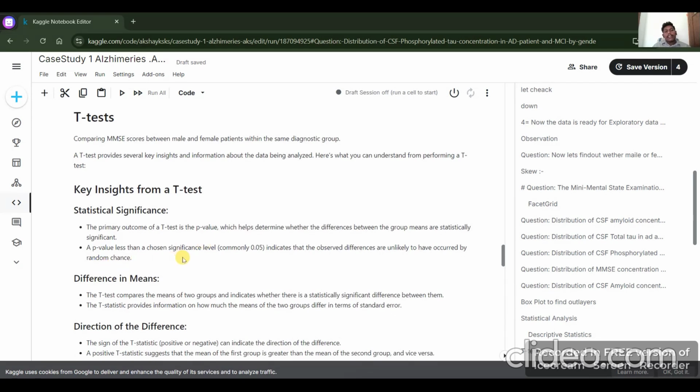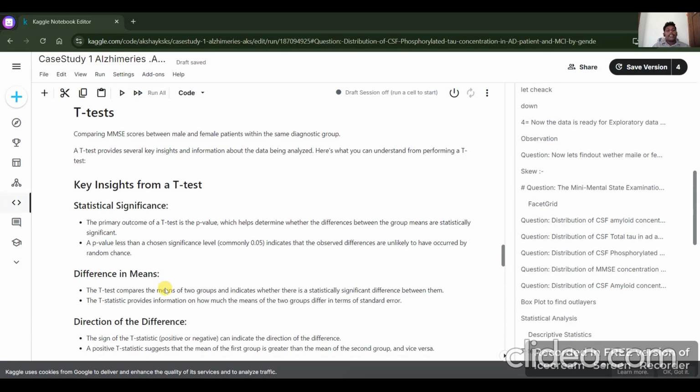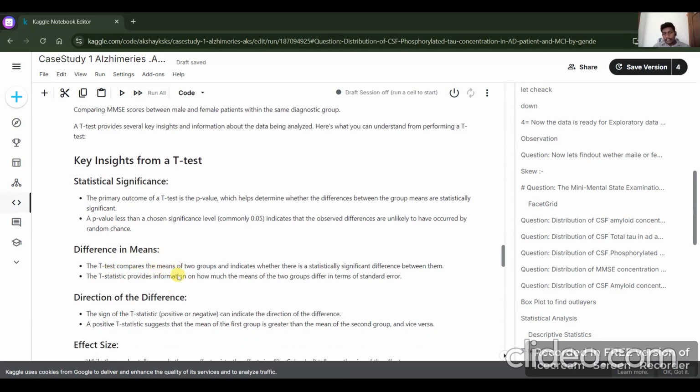A p-value less than a chosen significance level, commonly 0.05, indicates that the observed differences are unlikely to have occurred by random chance. Difference in means: the t-test compares the means of two groups and indicates whether there is a statistically significant difference between them. It provides information on how much the means of the two groups differ in terms of chance error.